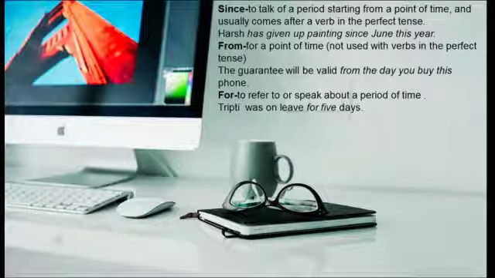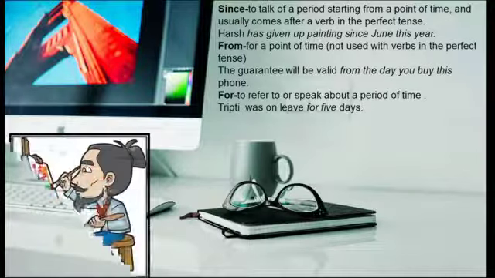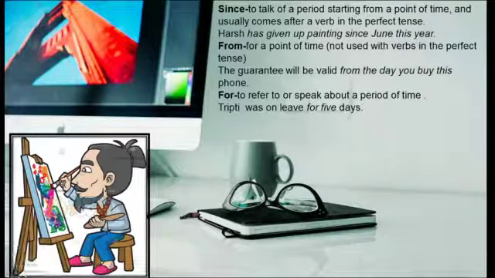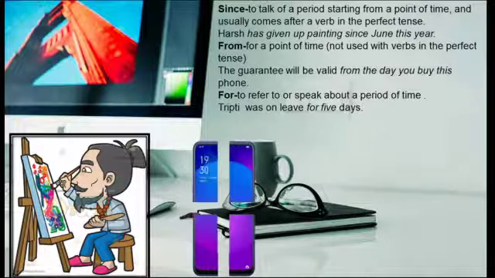Since, from and for. Since, dear friends, we have to use for a point of time, whenever something starts from a point of time. Like, let us see, Hers has given up painting since June this year. June we have used as a point of time, so we are using since. From we will use for the point of time from where anything starts, like the guarantee will be valid from the day you buy this phone.